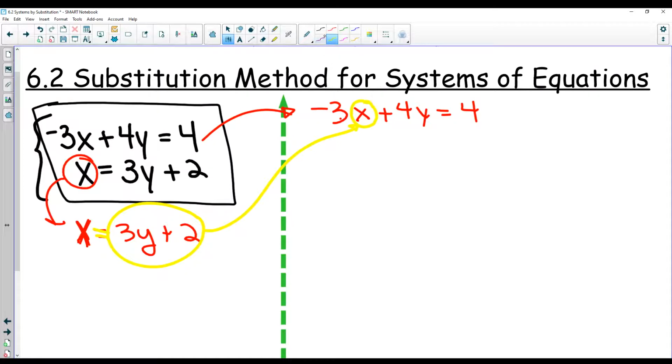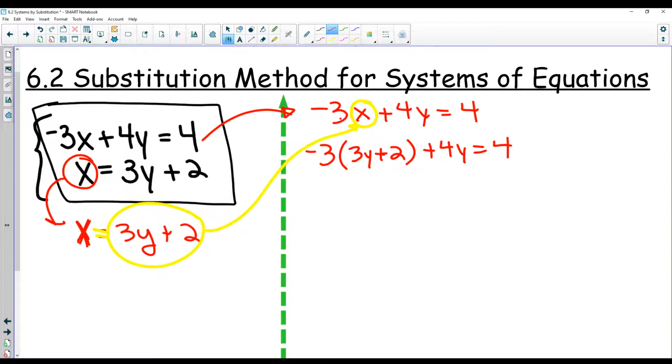You got to be careful when you do this because you got to use parentheses because it's -3 times the entire value of x, which we're saying is 3y plus 2. And then you keep everything else in the equation. So don't forget to write the plus 4y and the equals 4.